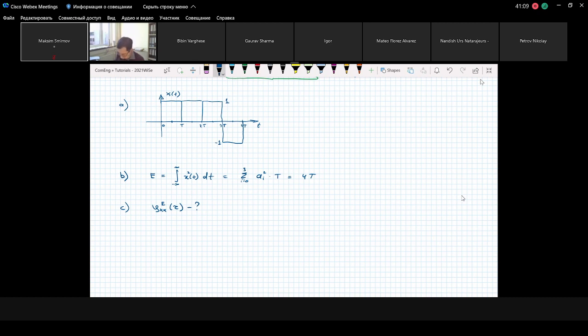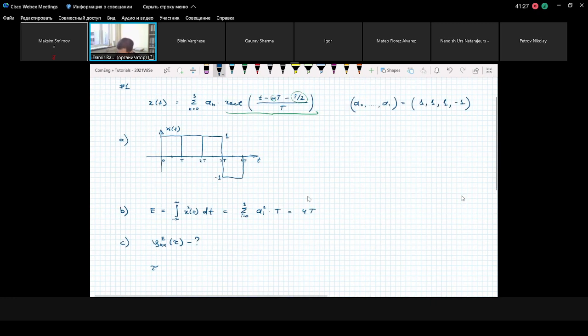We just need to find what happens for different shifts, because you remember that this signal we can represent as a convolution. x of t equals the rectangular pulse, rect((t minus T/2) divided by T), convolved with the summation, n goes from 0 to 3, of A_n times the delta pulse, delta(t minus nT).